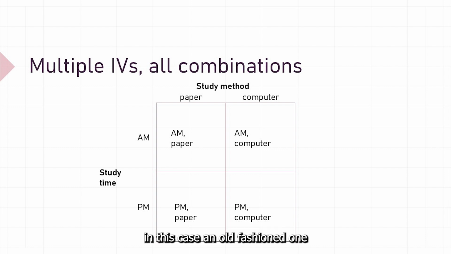In this case, an old-fashioned one with a paper and pencil. So we have two independent variables. Each independent variable has two levels. So in our experiment, we will have four conditions.